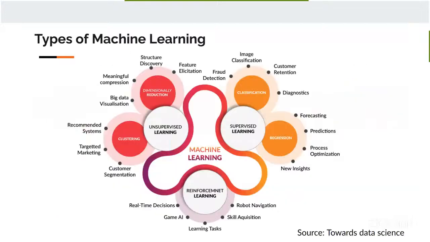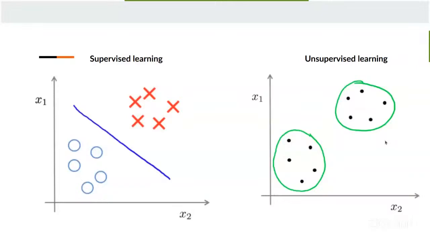If you look at this figure, there is something called a recommendation system, and something called customer segmentation, and so on. Let's say you are going through the Amazon website and you see some recommended products for you. How does the system know what product you're most likely to buy?